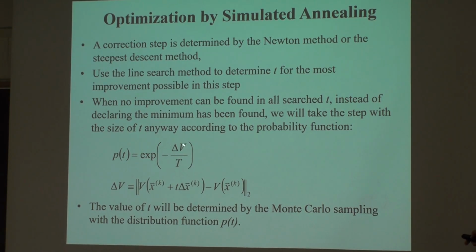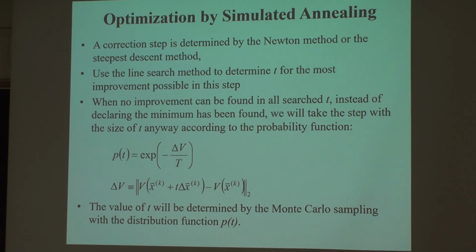If T is very small, then the T being generated will always be very close to 0. The only way you will have a significant step size is when T is large. So in your line search, you can control this T to search for your global minimum.